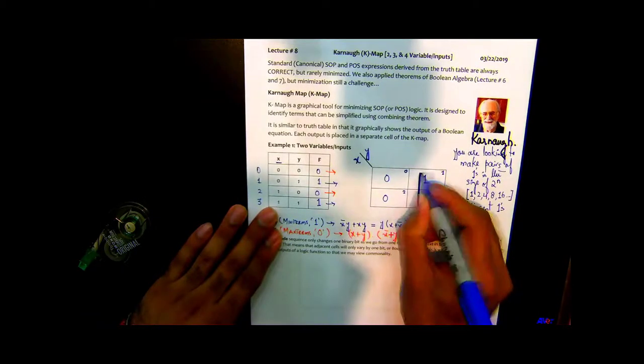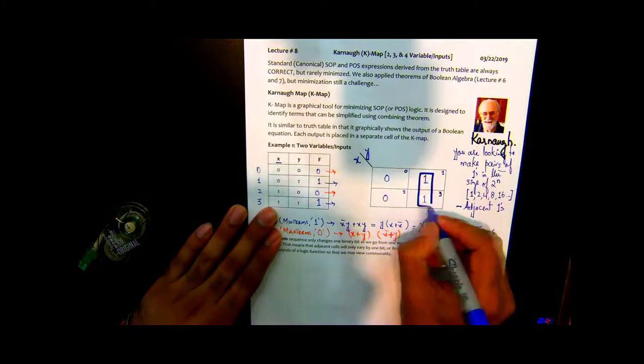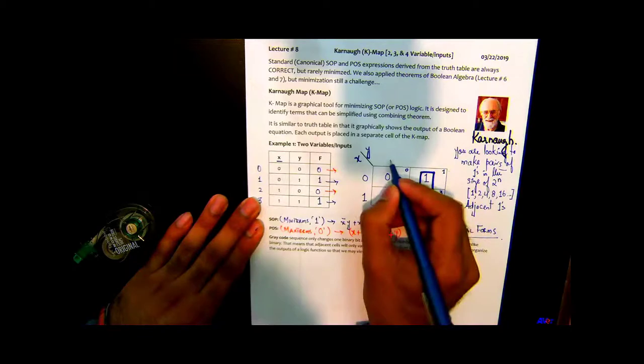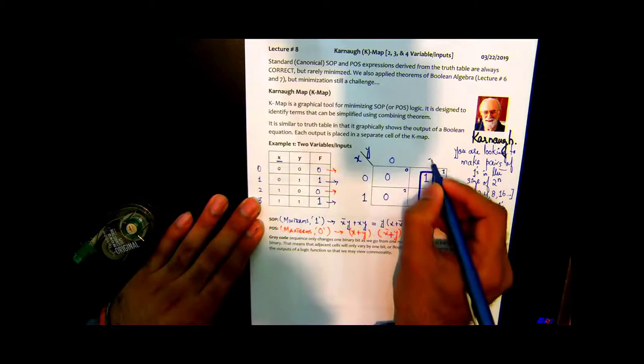If you look at cell number 1 and 3, I can make a pair out of that. x can either be 0 or 1, so we have 0 here and we have 1 here, and again y can either be 0 or 1, so you get 0 here and you have 1 here.